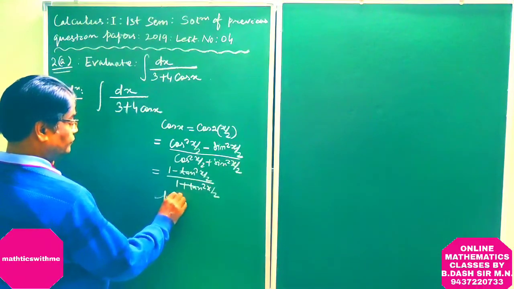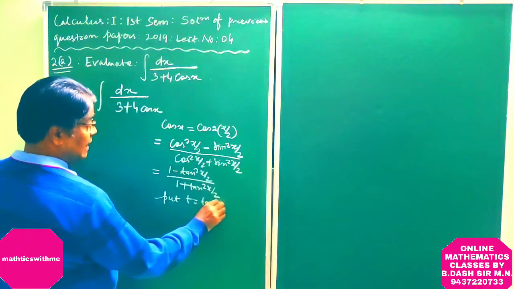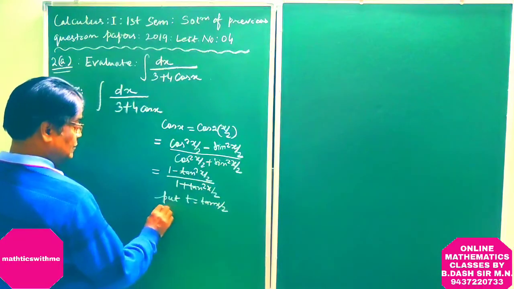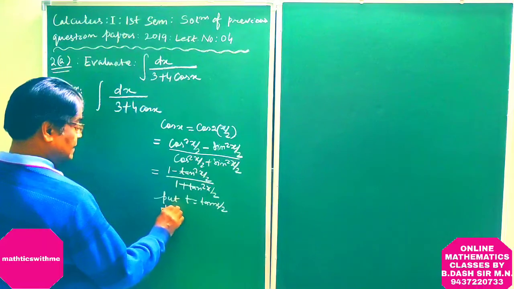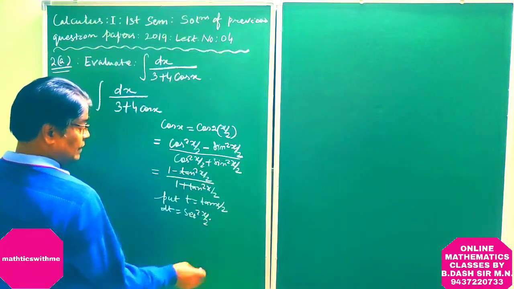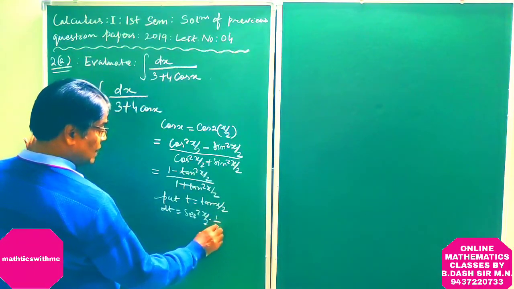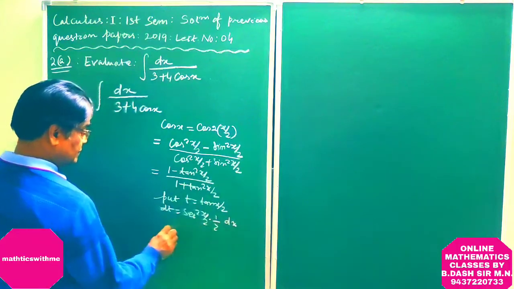Now, putting t is equal to tan of x by 2, we get dt is equal to sec square x by 2. Derivative of x by 2 is 1 by 2 dx.